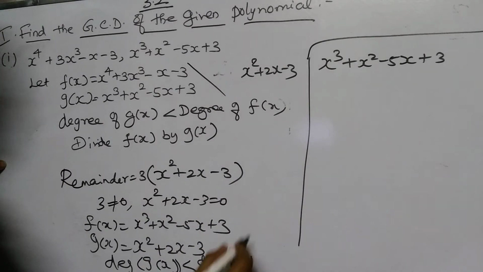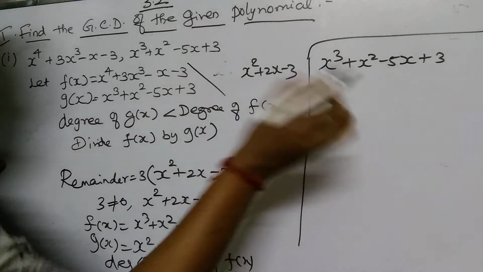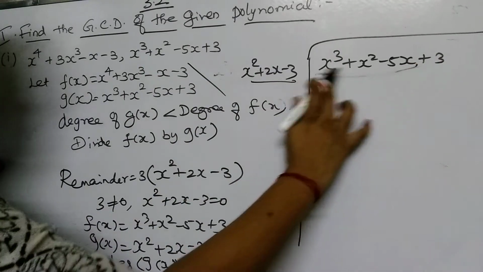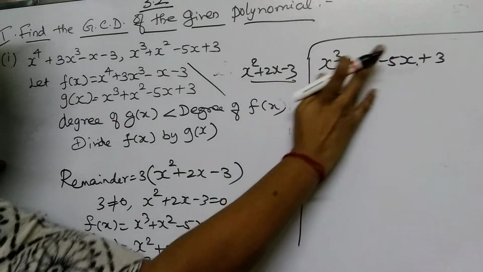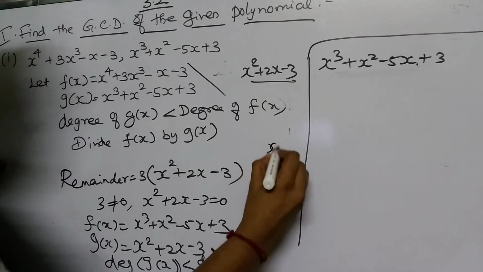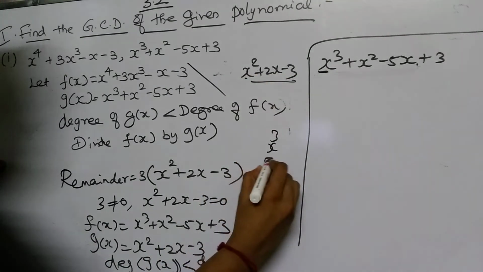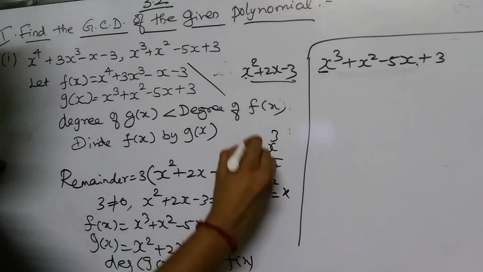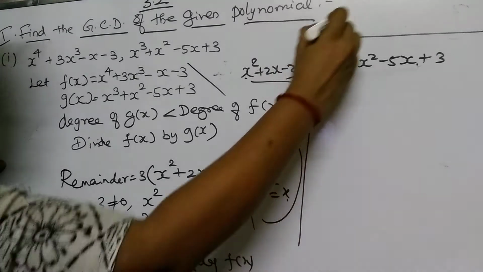So what you are going to do, divide it. Again the same rule: take the first 3 terms and divide. Divide the first term x cube by x square, so x power 3 minus 2 is x. This x you write in the quotient.